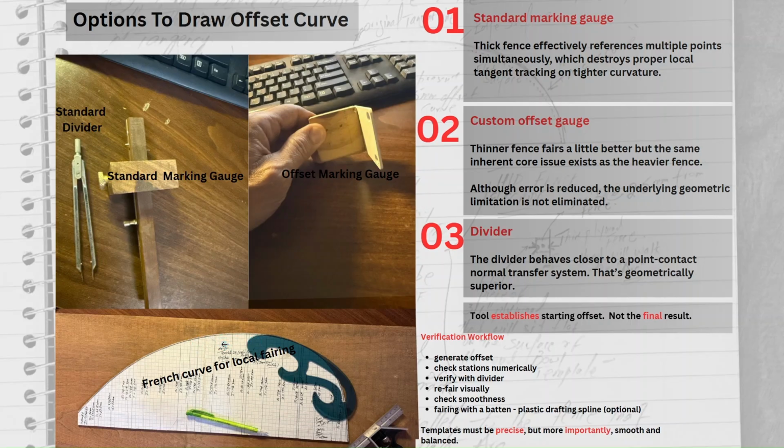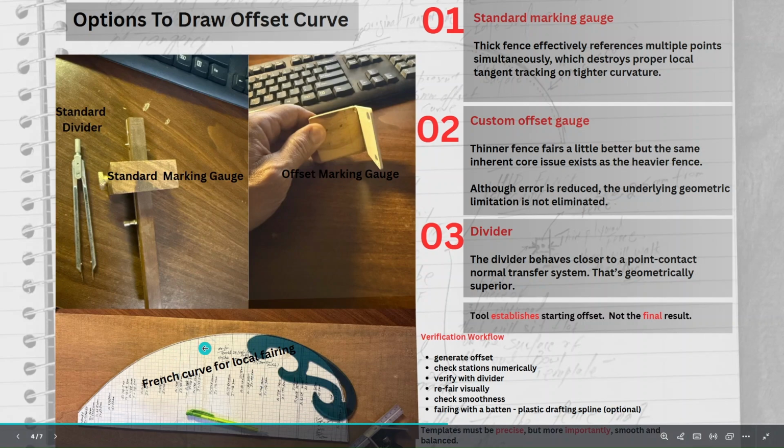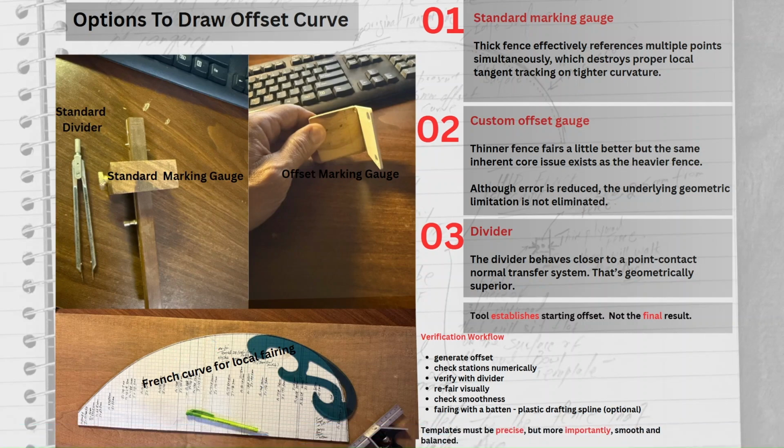It has to be smooth at the end. We're not building a rocket ship. These templates must be precise, but more importantly, they should be smooth and balanced. And visually, you can get a pretty good feel. Now it's optional, but you can also fair the curve with a batten.